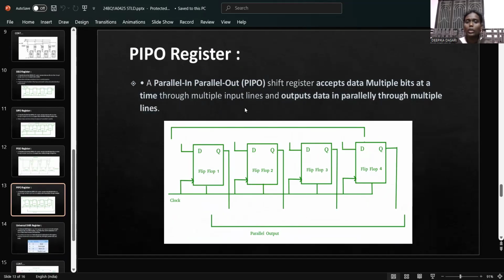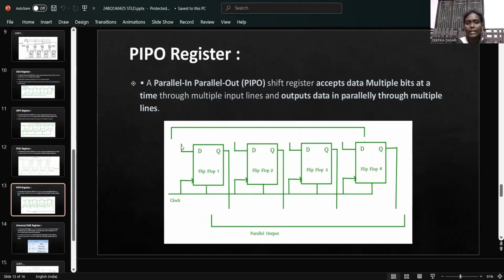Finally, we are going to discuss the PIPO register, which is a parallel in, parallel out shift register that accepts data multiple bits at a time through multiple input lines and outputs data in parallel through multiple lines. As we can see here, the clock is connected to all four flip-flops.